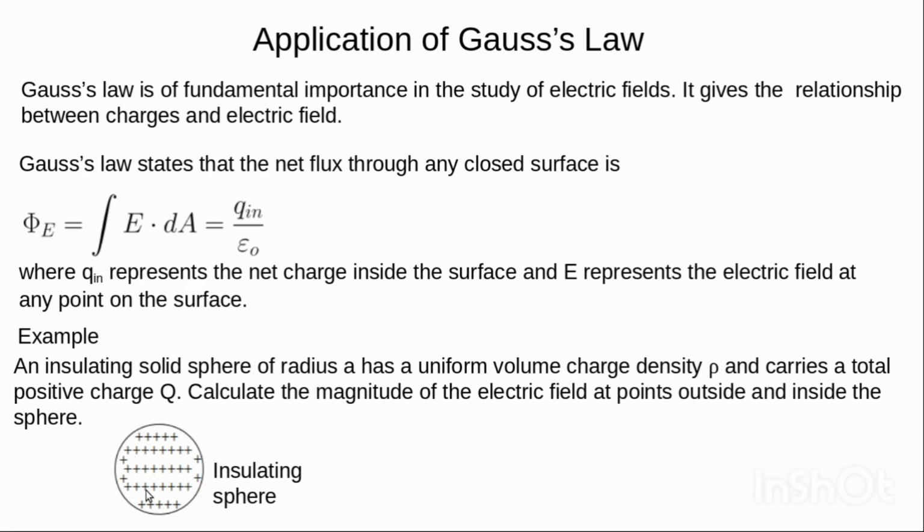But when it comes to a conducting sphere, when you charge it either positively or negatively, because electrons can easily move, all the charges gather at the surface. So that's the major difference between a conducting sphere and an insulating sphere. So we are interested in calculating the electric field inside this region and outside this region. So we'll start with this solution.